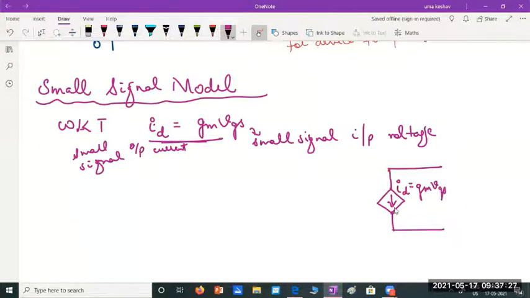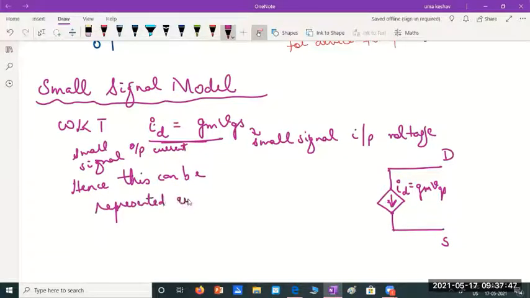ID is equal to GM VGS between the drain and source terminals. This is a dependent current source. Hence, this can be represented using a dependent current source.